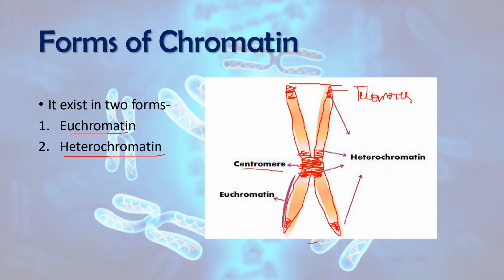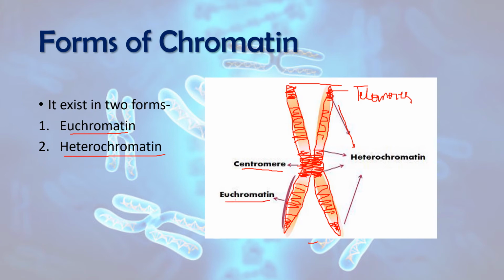So these highly condensed or compact chromatin forms heterochromatin, which is present at the telomeric and the centromeric regions, and the distal ends of this strand are occupied by loosely, or lightly, packed chromatin. So these are euchromatin.